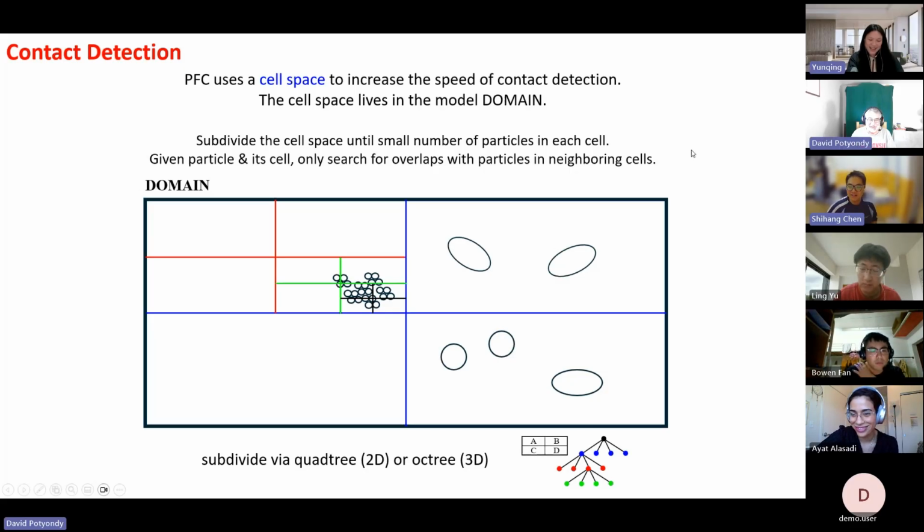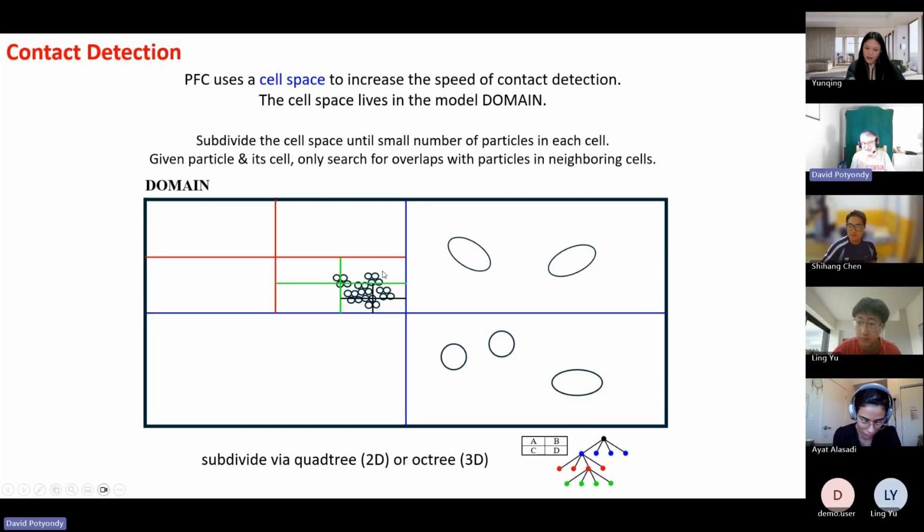Do you mean the particles that are near the edge of a cell? Well, yeah. Well, for the logic, it doesn't matter. Every particle is going to uniquely get mapped into only one cell, depending on its centroid. And if you know which cell you're in, you can figure out the local set of cells spatially near you. And then that's what you do.